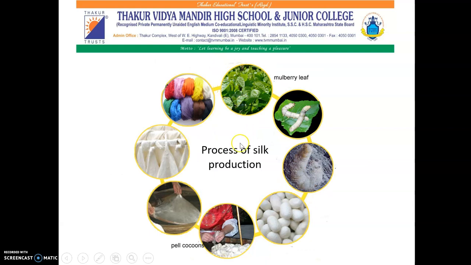Right? So, the process of silk production that you have watched in that video can be summarized like this. These worms are feeding on mulberry leaves. They are continuously secreting the thread-like structure and forming cocoons.